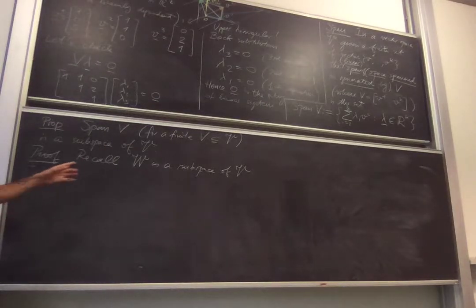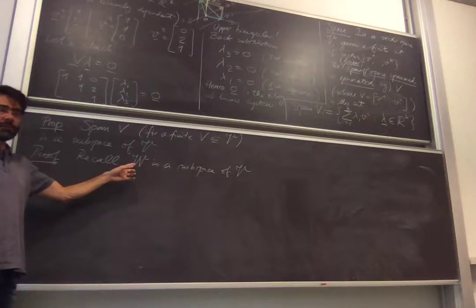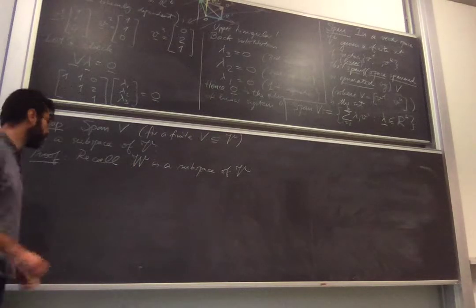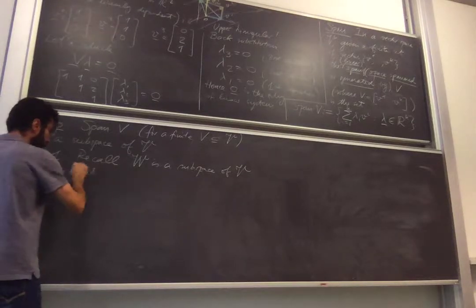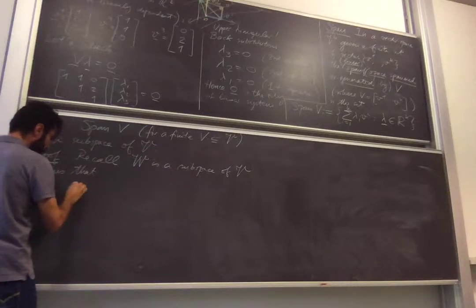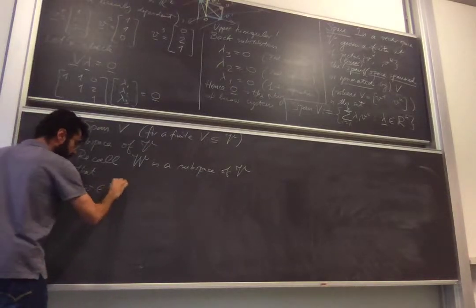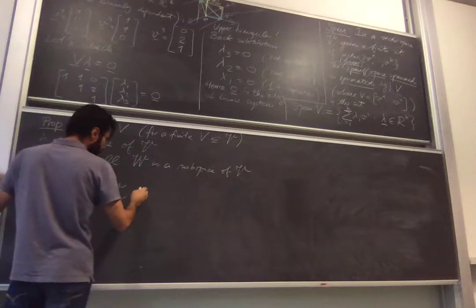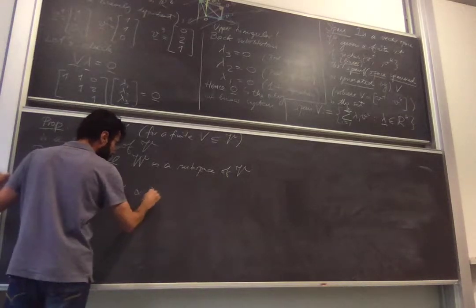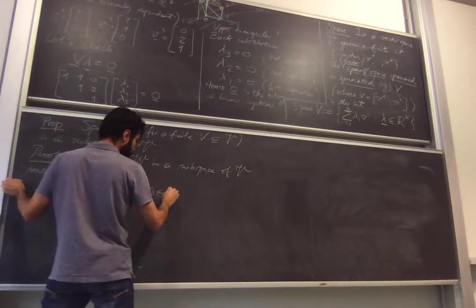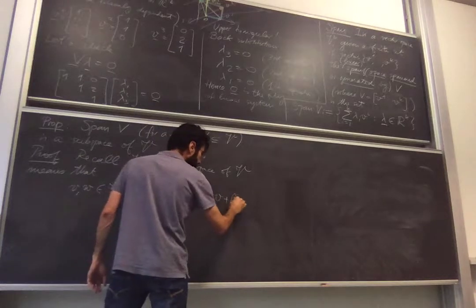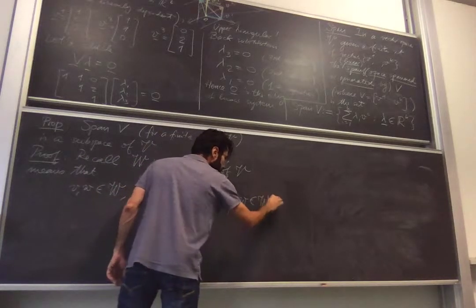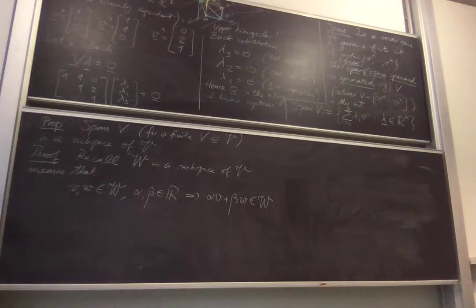This means that it's enough to start with two vectors in W. So if V and W belong to W, and alpha and beta belong to R, then the linear combination alpha V plus beta W stays in W. That's basically what subspace means.